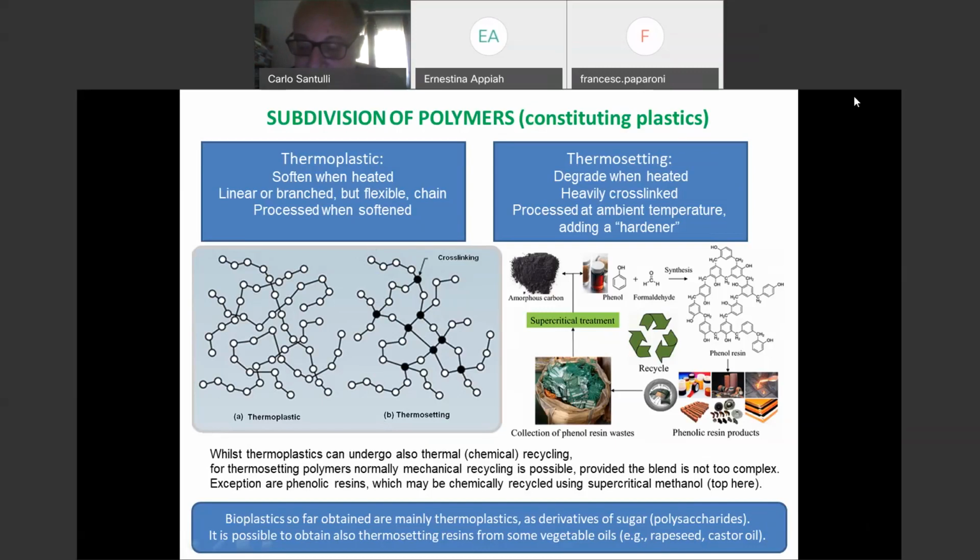And it was a phenol-based plastic. So the first plastics were based on phenol, and with the addition of formaldehyde, there were some resins which had a large success.